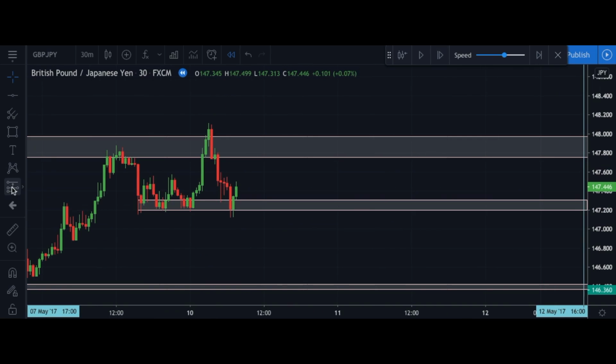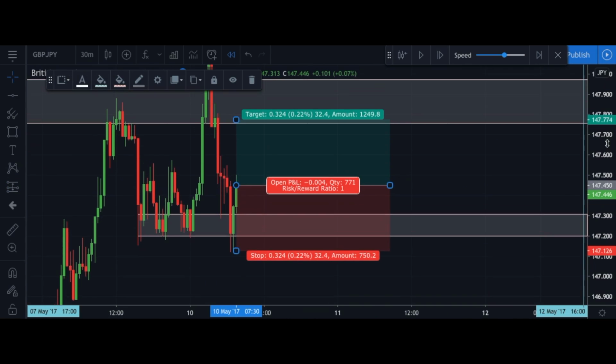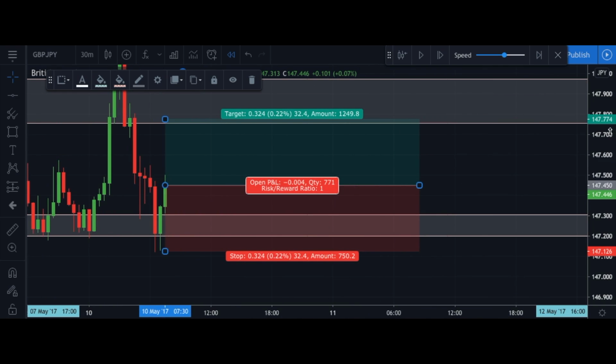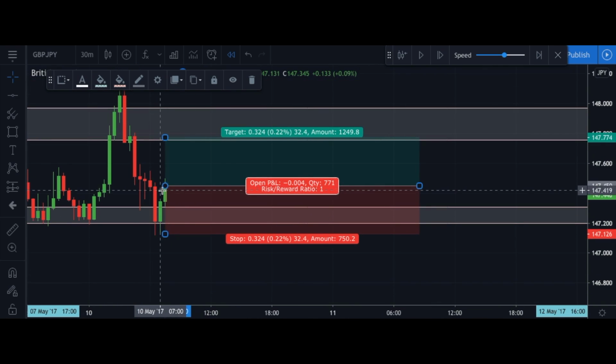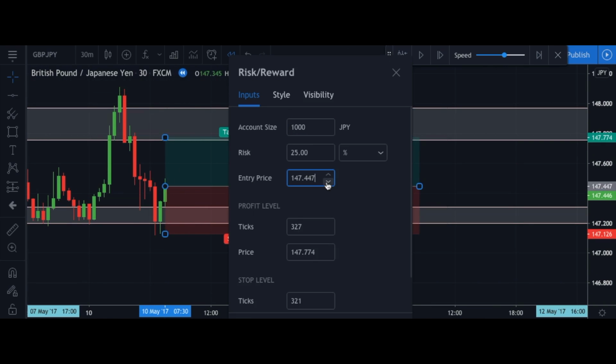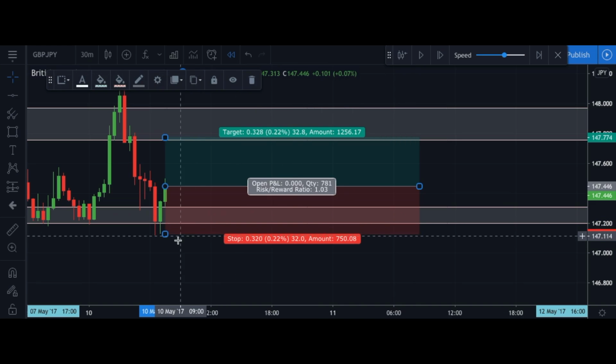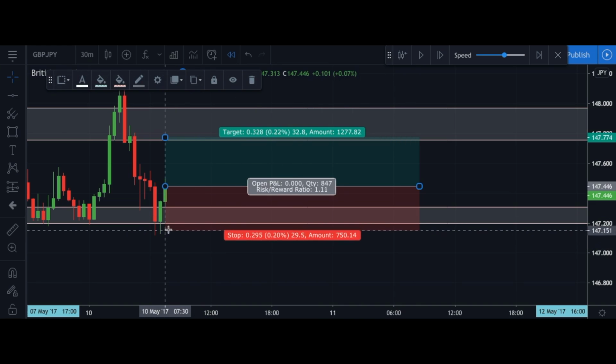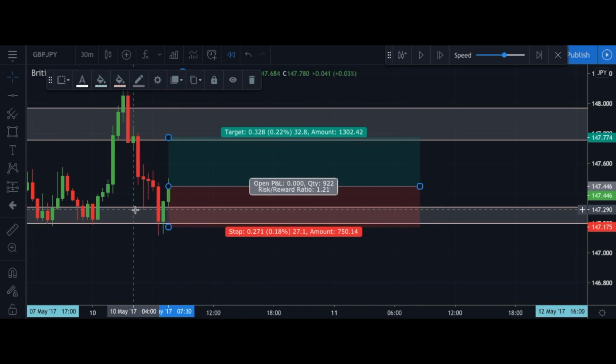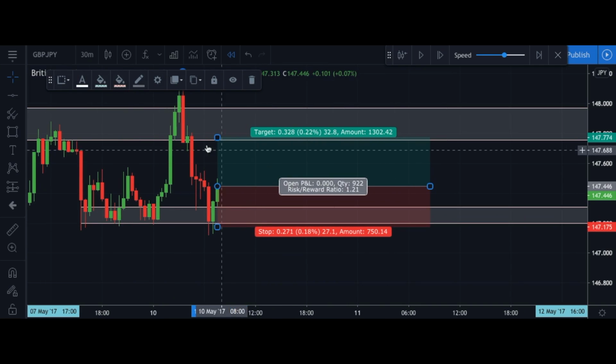So what I will do is take a buy here and see what would happen. The close is 147.446, so that would technically be where I would be entering. Stop loss, keep it tight, right under this zone where it did not break.